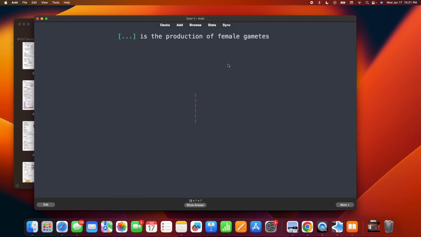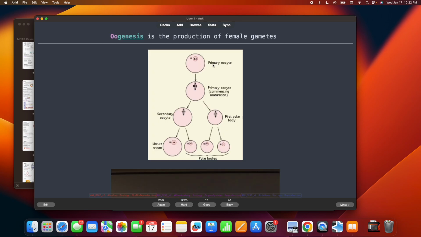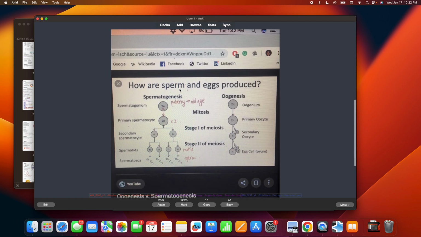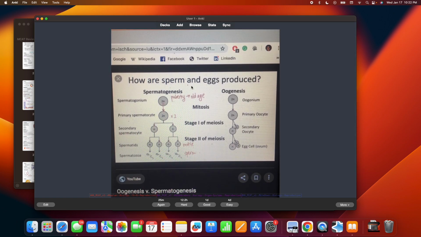Okay. What is the production of female gametes? Oogenesis. Spermatogenesis and oogenesis: how are sperm and eggs produced? We have oogenesis, oogonium, spermatogonium, puberty to old age.